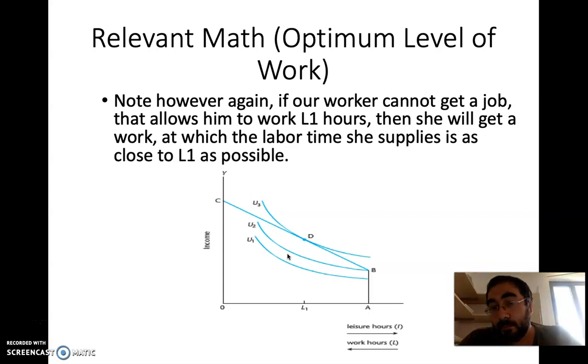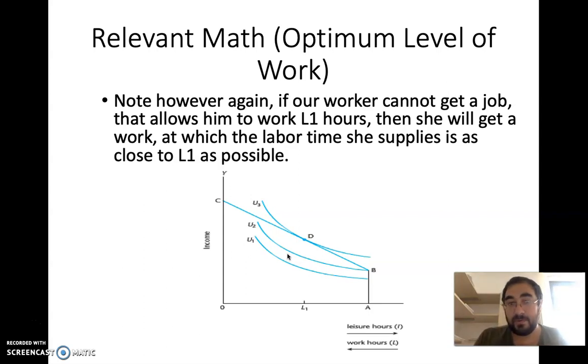So if the utility curve is more steep, I will work less because the amount of money I gain is not worth giving up one leisure time. If my budget line is more steep, then I will work more. You can also do it another way.